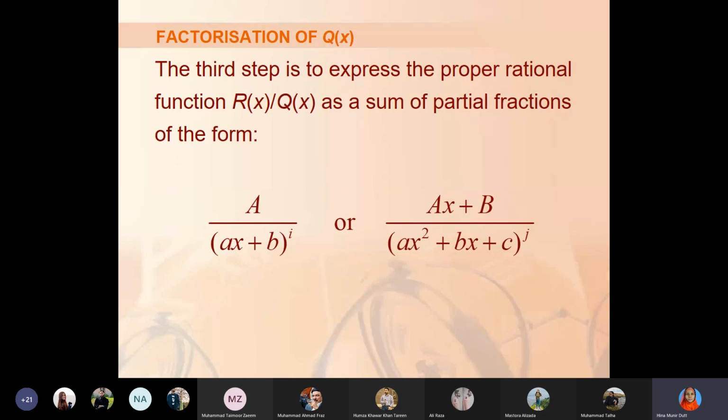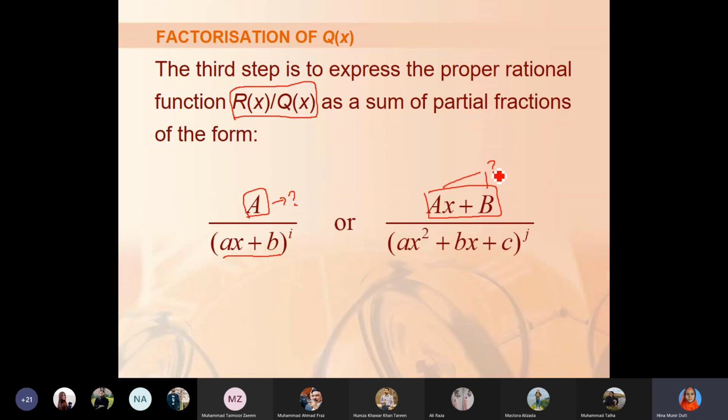Now the third step is to express the proper rational function, the one you get after long division, if it is possible, as a sum of partial fractions of this form. For a linear factor, you will write a constant. And if you have quadratic factors with any power, you will write ax plus b, where a and b both need to be determined.